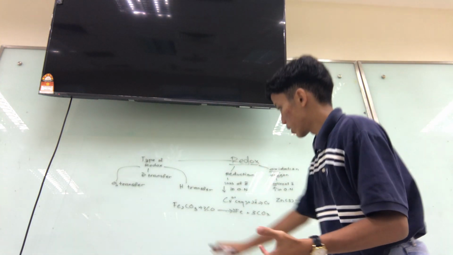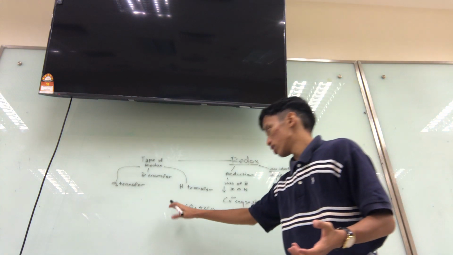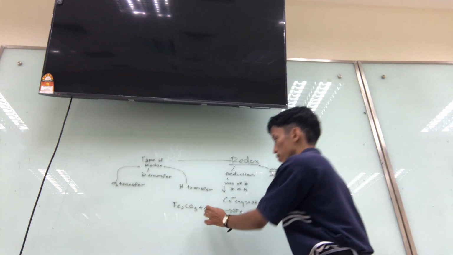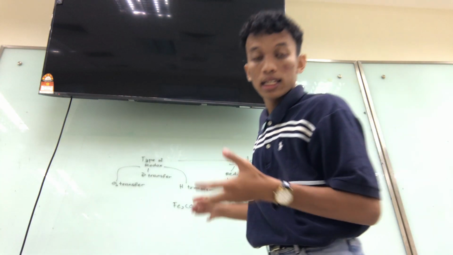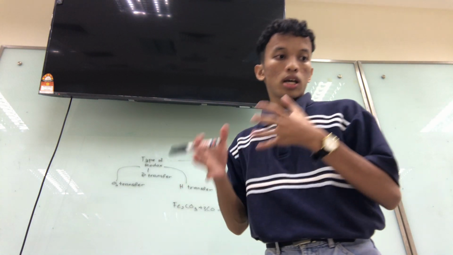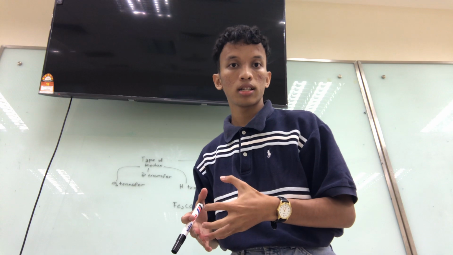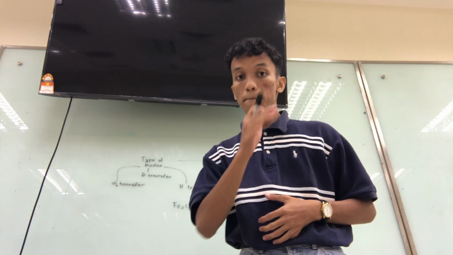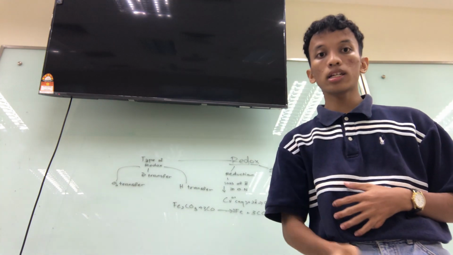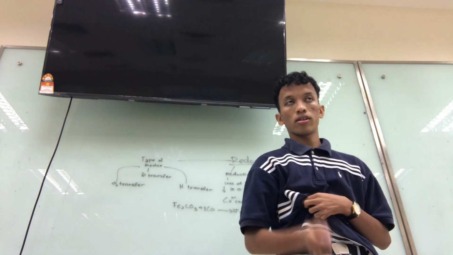Let's say the reagent, I'm going to take carbon monoxide. If the reagent gains oxygen, oxidation reaction will take place. But if the reagent loses oxygen, reduction reaction will take place.